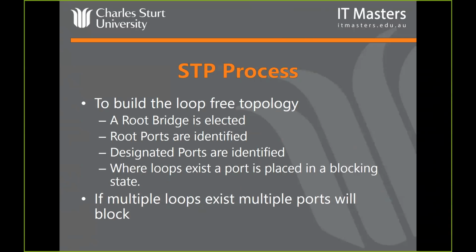The way it does that is based on a number of different things, generally the number of the port or the MAC address associated with the port. Whichever one is lower will be in a forwarding state, whichever one is higher will be placed in a blocking state. We'll see an example of that shortly. If multiple loops exist, then multiple ports will be blocked.